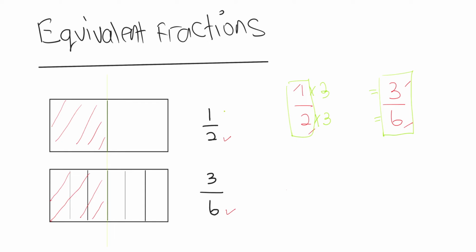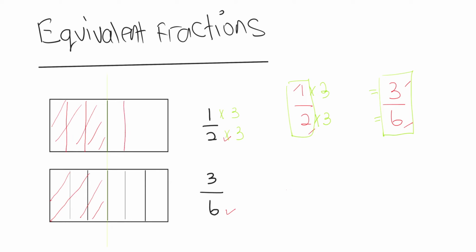So what I did was I multiplied by 3, I multiplied by 3, which means now the two parts become 6 parts because I'm multiplying by 3. So each section is going to be multiplied by 3. I'm going to draw a line here to show you what happens.